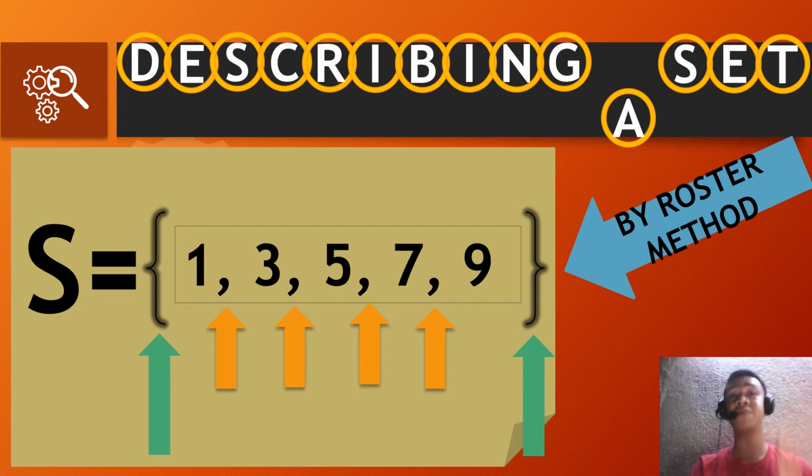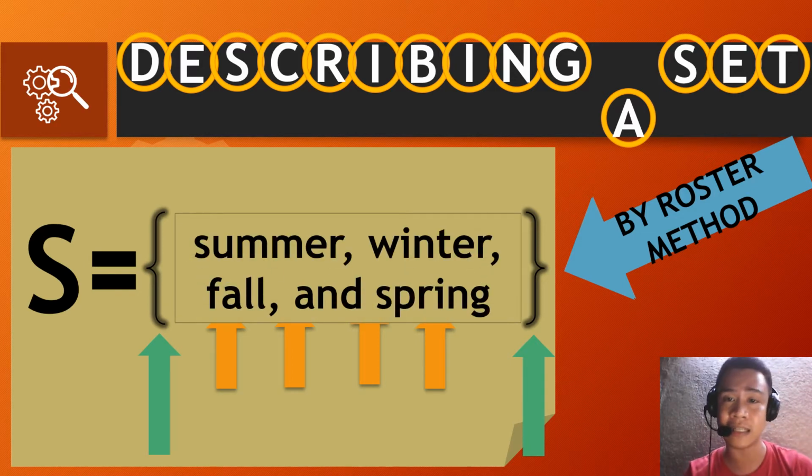The roster method is a way to show the elements of a set by listing the elements inside the braces or curly brackets. For example, we write the seasons as summer, winter, fall, and spring. So we do the listing of the four seasons.